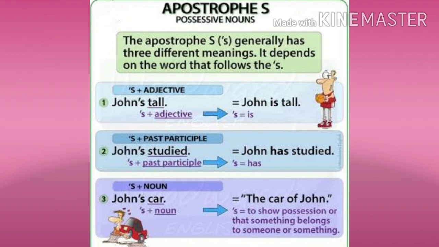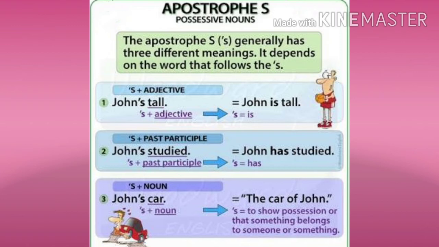In the second sentence, John's studied. Studied is a past participle. So, a past participle follows have forms. Here, John has studied. So, apostrophe s means has. In the third sentence, John's car.